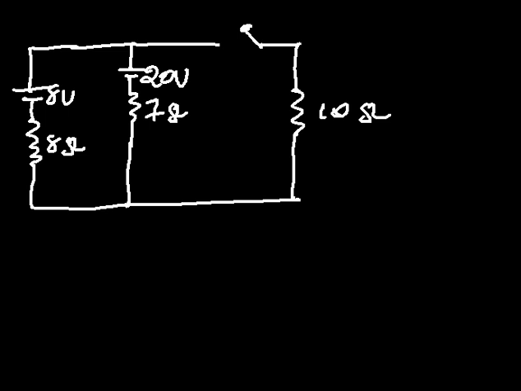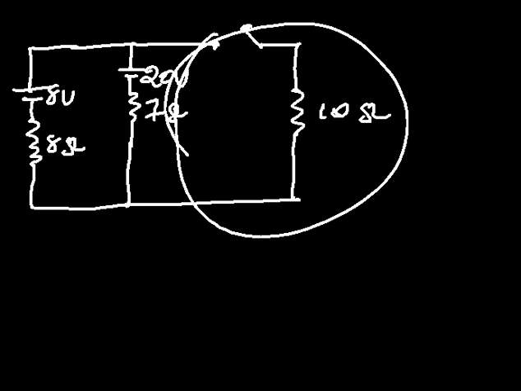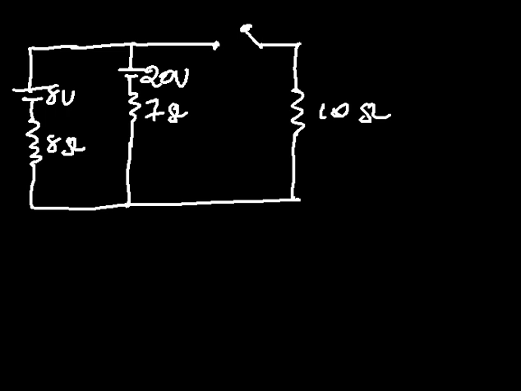First condition, when the switch is open. What would you say? When the switch is open, it means there is no current flow in this part of the circuit. So that is the same as having only this part of the circuit.